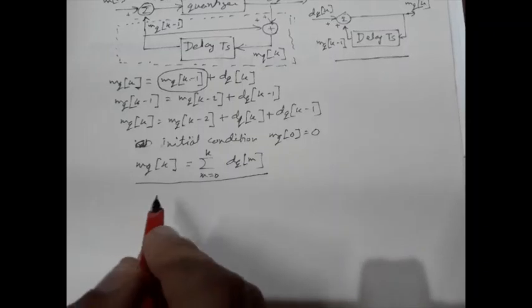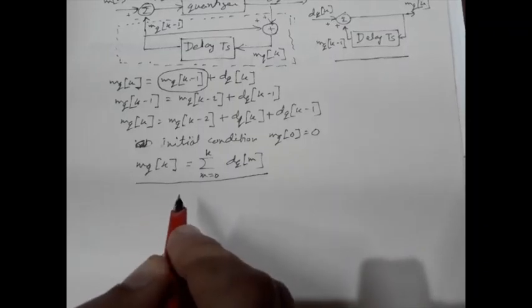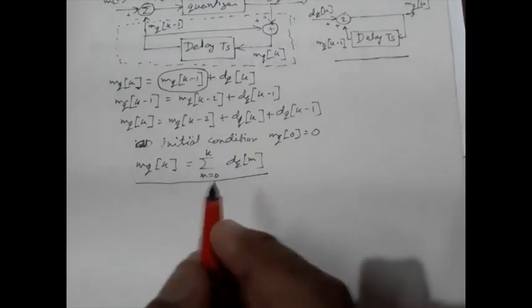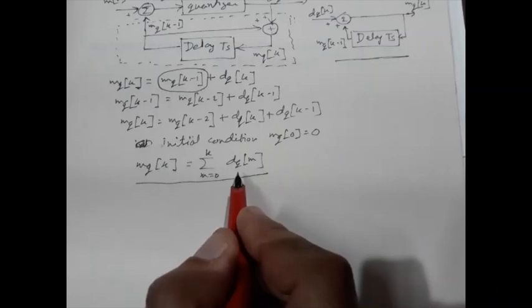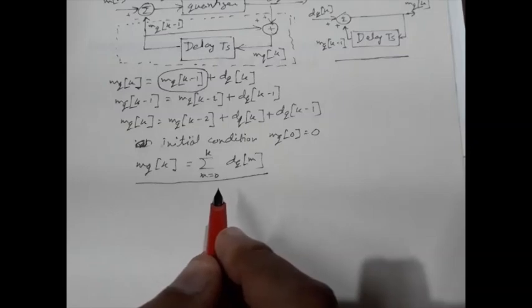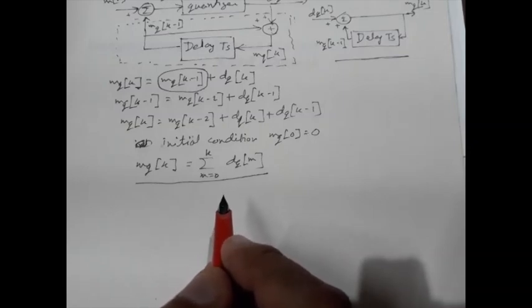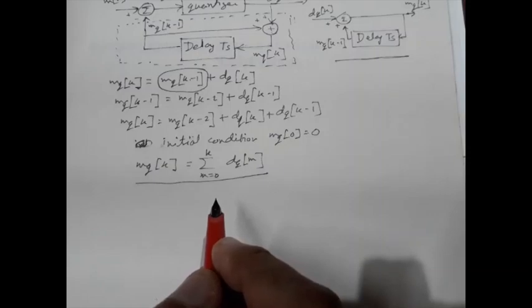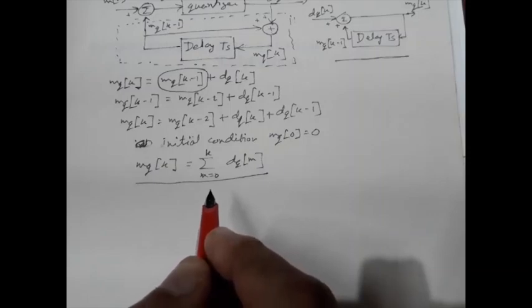Now if the output dqk is represented by impulses, then the accumulator may be realized by an integrator, because its output is the sum of the strength of the input impulses. So we may also replace the feedback portion of the modulator by an integrator.